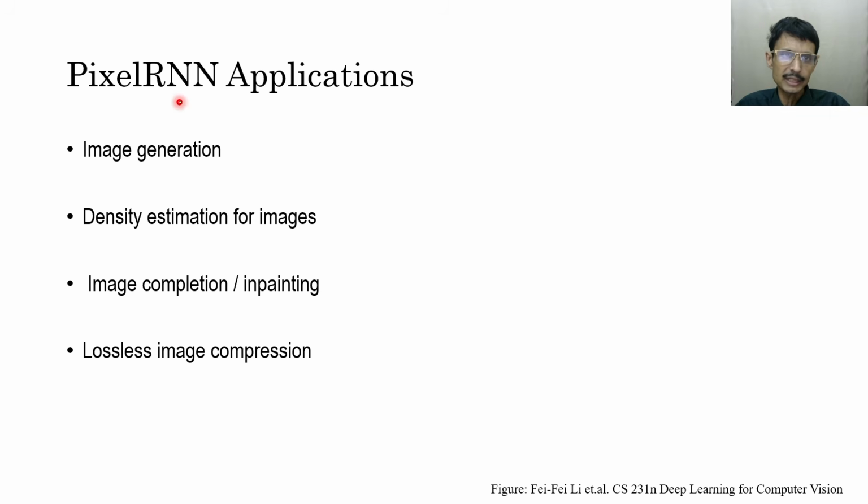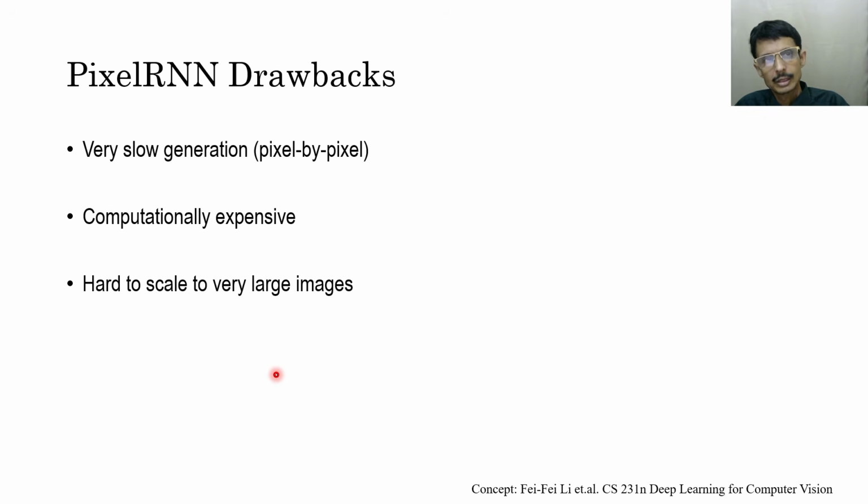So what are the basic applications? It is used for image generation, density estimation for images, image completion or inpainting, and lossless image compression. What are the major drawbacks? Very slow generation, pixel by pixel.